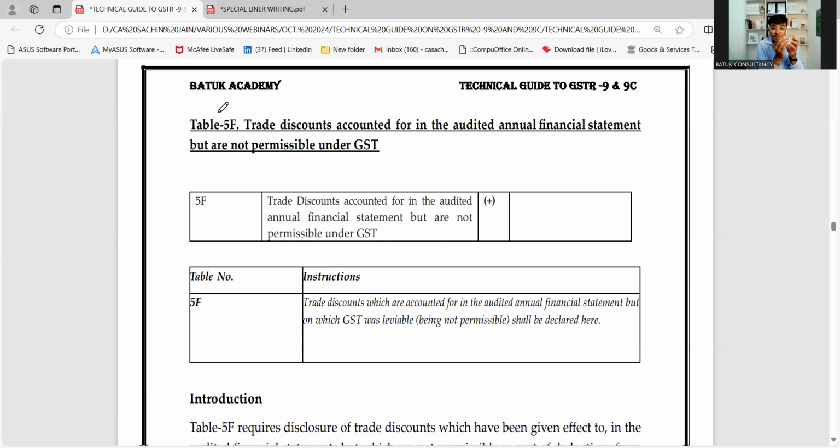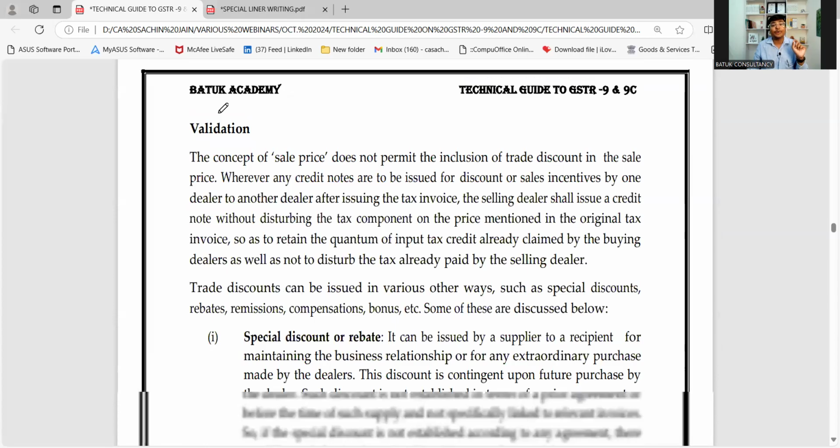Okay, but in case of trade discount which is not permissible under the GST, there will be no effect on the tax liability. So in such a situation, there will be a difference between the value. So to reconcile both the turnover, this type of adjustment is required with respect to the trade discount.